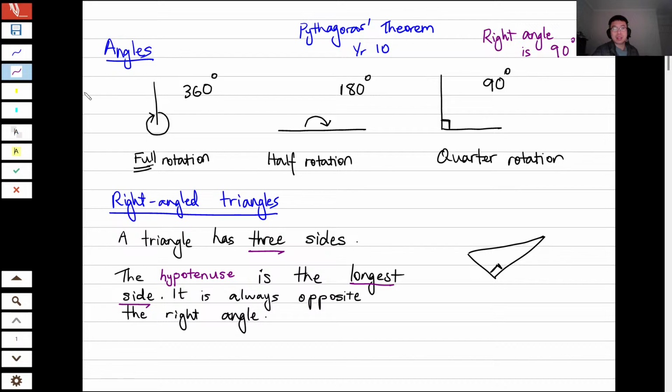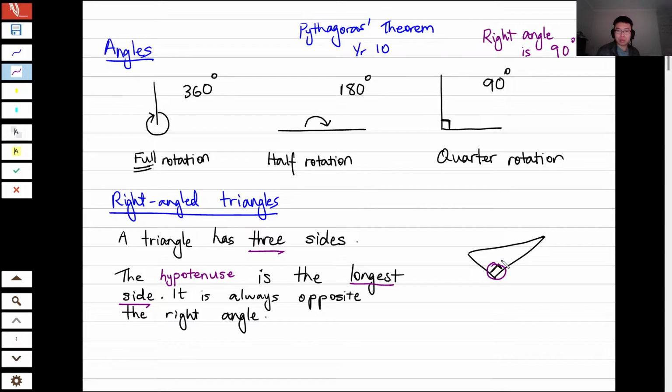Now, we'll probably do an activity in class, but the claim that I want to make now, which you may or may not believe, is that if I want to find the longest side in a right-angled triangle, the first thing I should do is find the right angle. There it is.